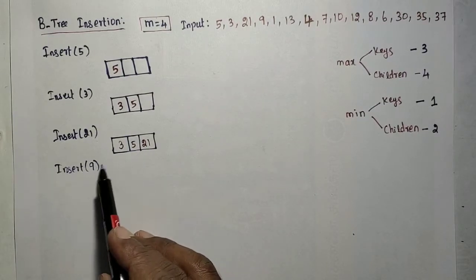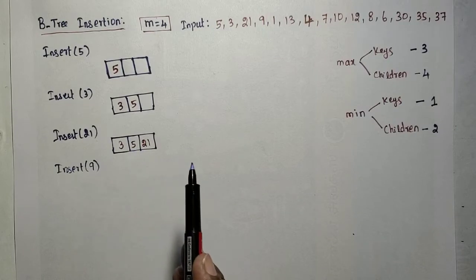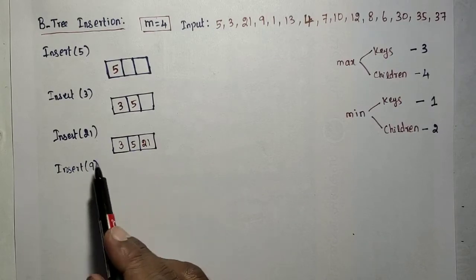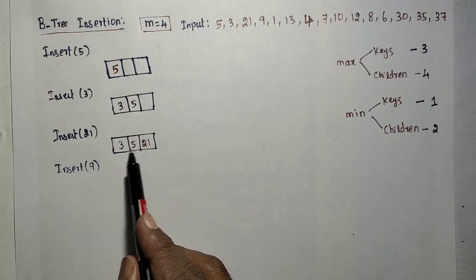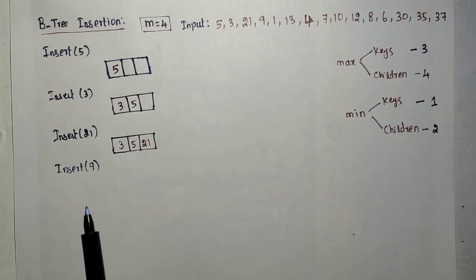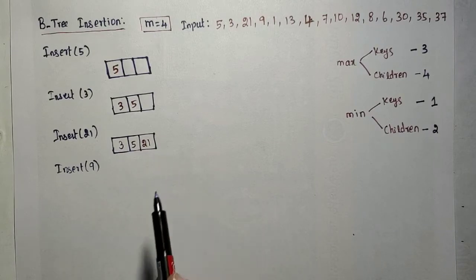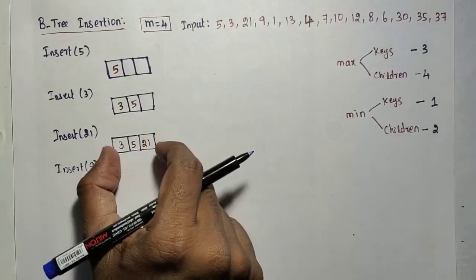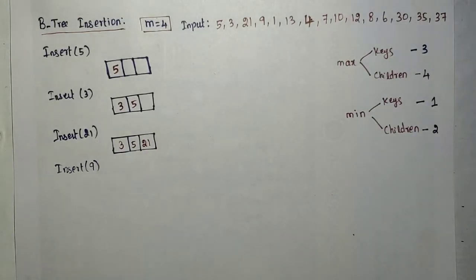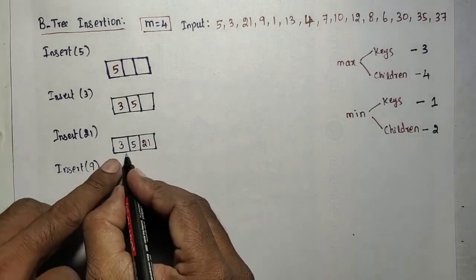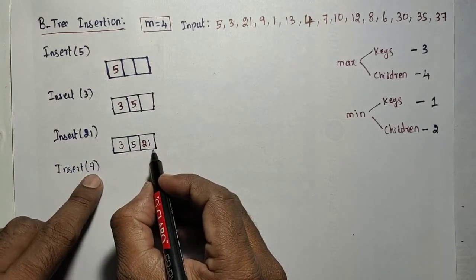But there is no space for the 9 in that root, because the maximum number of elements is already filled. When there is no space for the new element in the found leaf, I need to go for the concept of split and increase level.